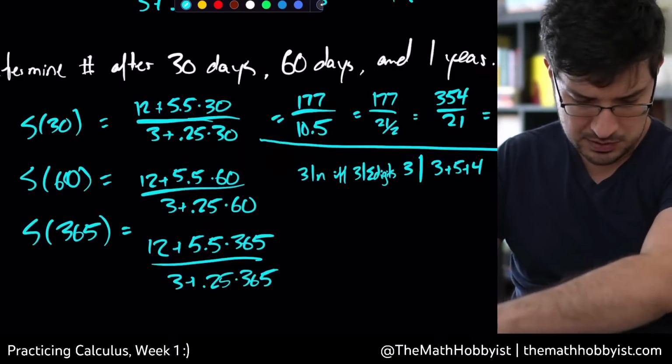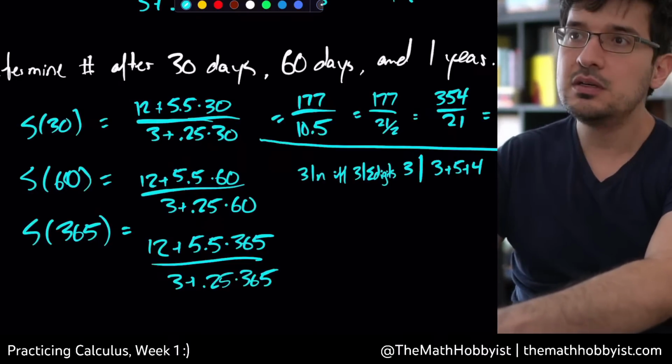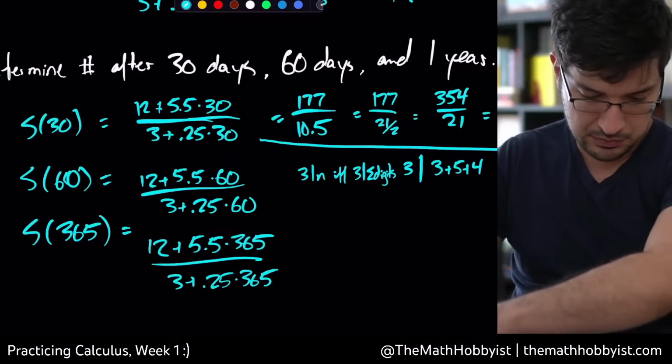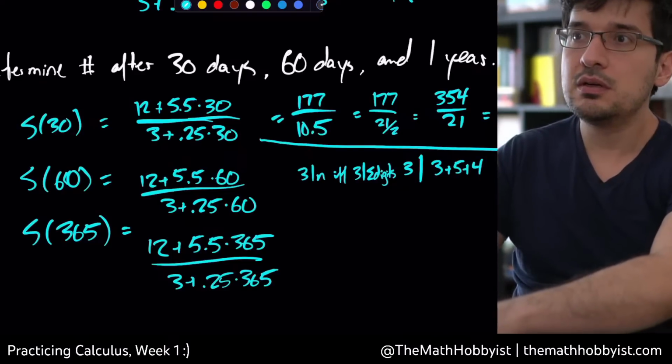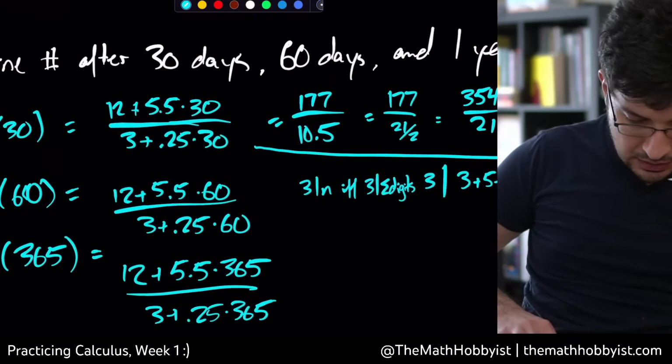I should have seen that more quickly. 5.5 times 30 divided by 3 plus 0.25 times 30. Yeah, okay, we did it wrong.